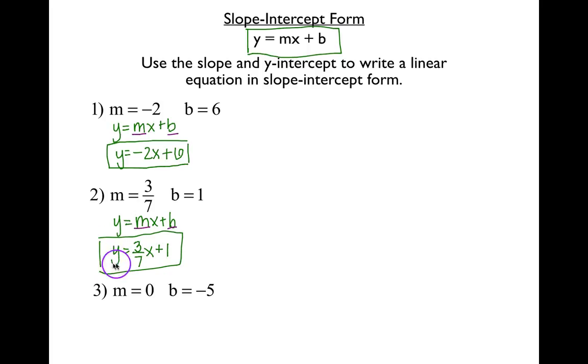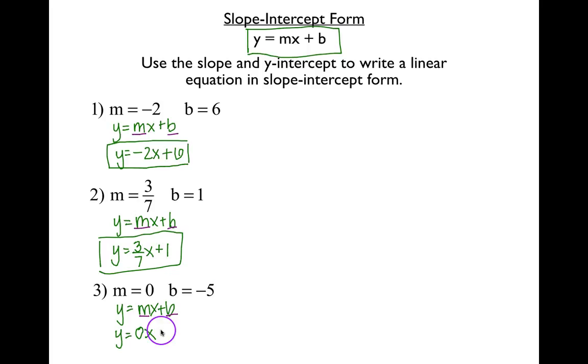Okay, so last one here, I'm going to go ahead and write the form y equals mx plus b. The only thing that we're going to be replacing is once more just m and b. So my final equation is going to be y equals, m is going to be replaced with 0, x, plus b, which is -5.